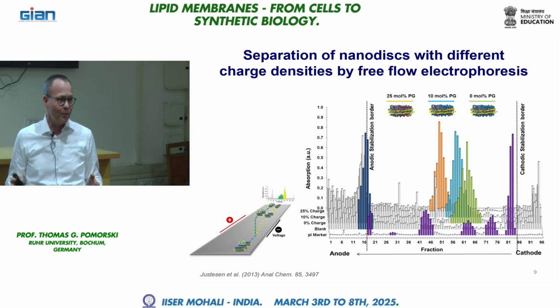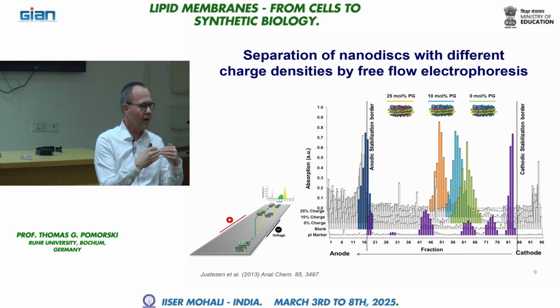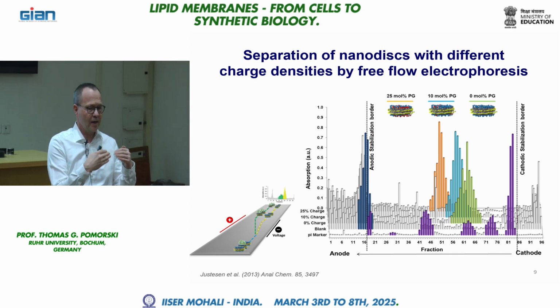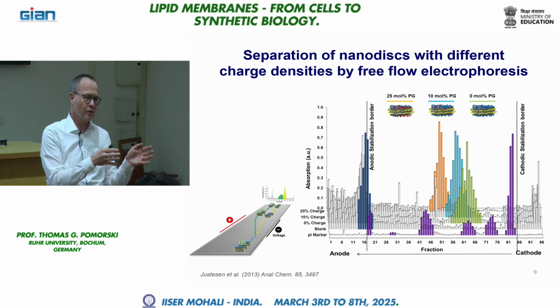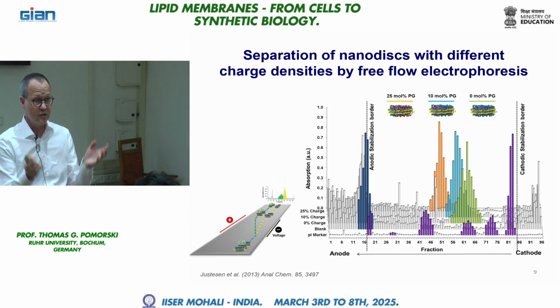So don't be disappointed. It's not so easy, because the changes in electrical charge are small between, for instance, a nanodisc with a protein and without a protein. And the reason why these changes are small, we talked about it, is that if you have a buffer with ions, the ions start to shield.